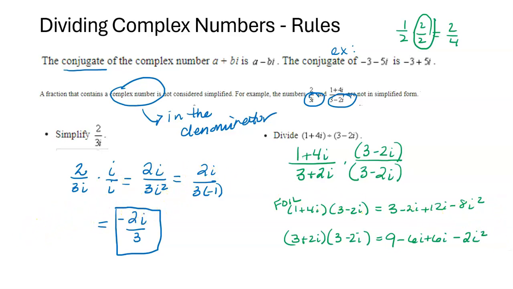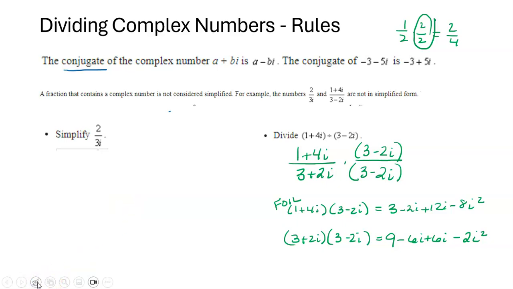Hold on, I'm going to erase this. Okay, let me change colors. So this is going to be 3, and this is going to be -2i plus 12i, which is +10i. And this is -8 times -1, which is +8.